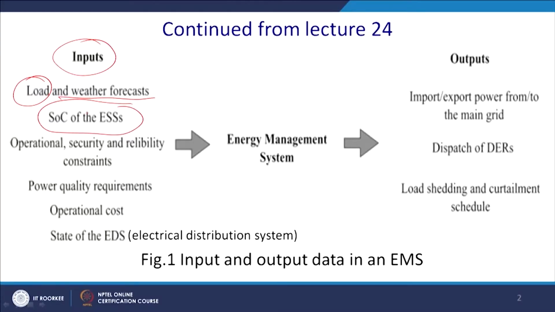And then comes into the picture operational security and the reliability constraint. So, you may put an operational constraint that batteries should not be charged from the grid, it has to be charged from the solar. So, this kind of constraint, and there is a reliability constraint.